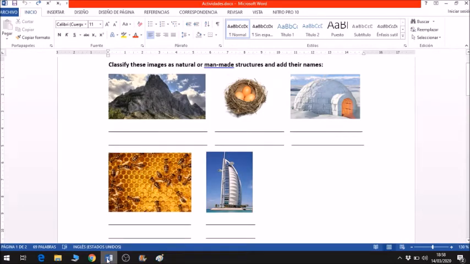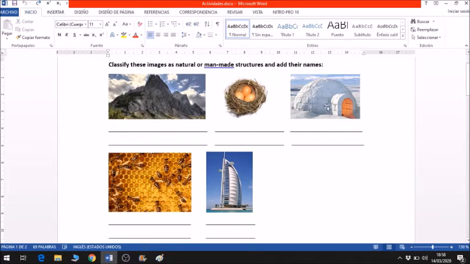Have you thought about something that appears in these pictures? For example, the first one is a mountain, a natural structure. It is created by a geological process, not by human beings. The second one is a natural structure, too, because it's made by animals.